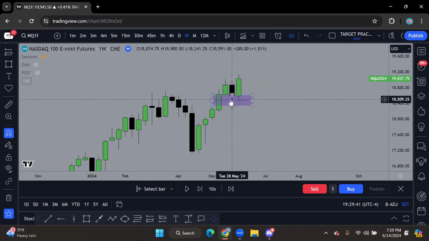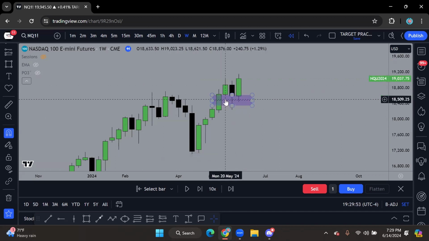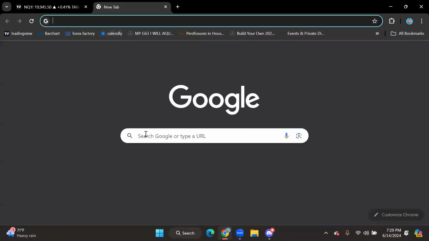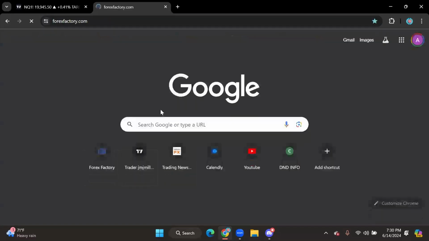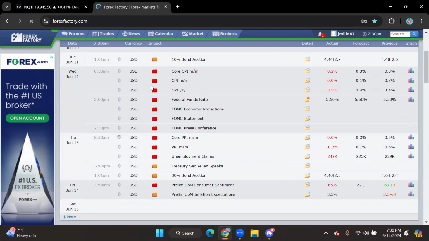If this is a bullish fair value gap, I want to see a swing low created and price continue to be bullish. If this was bearish, swing high and price continue to move lower. But in this case, since price created a swing low, I wanted to see price continue to move to the upside.